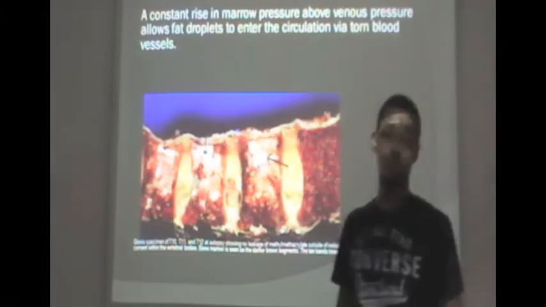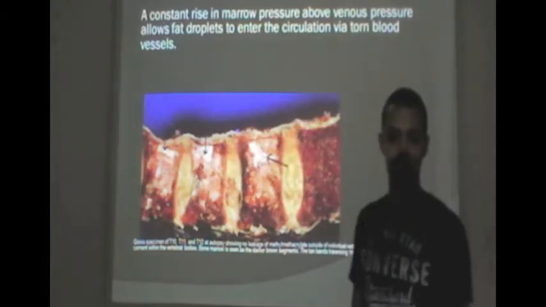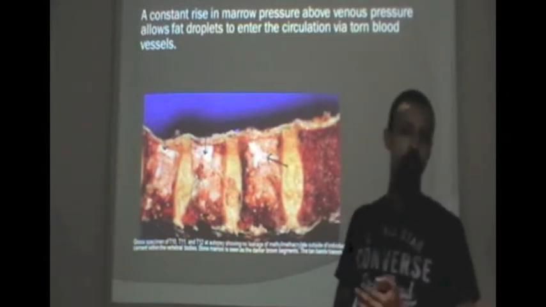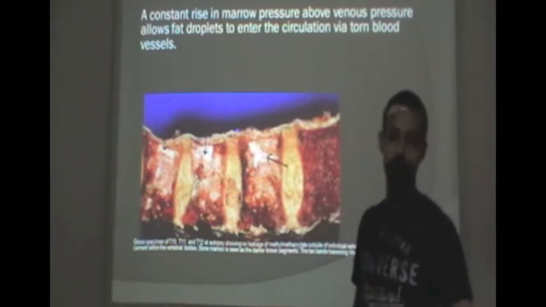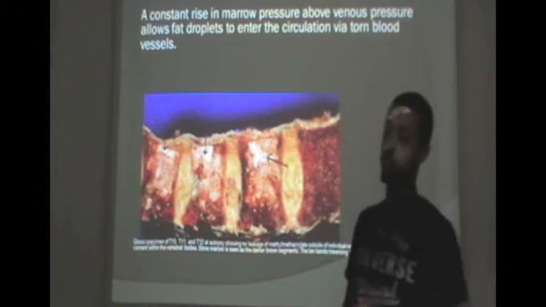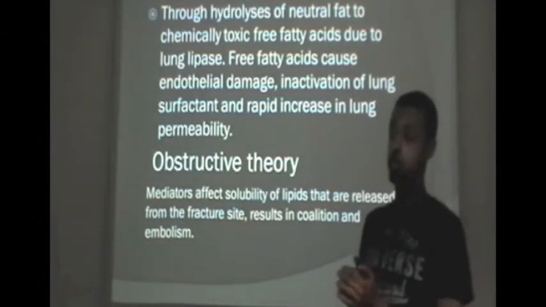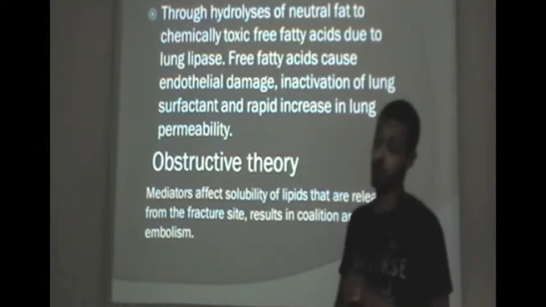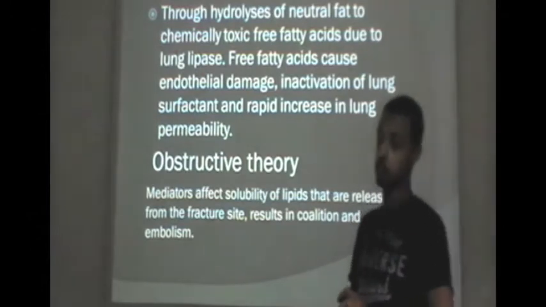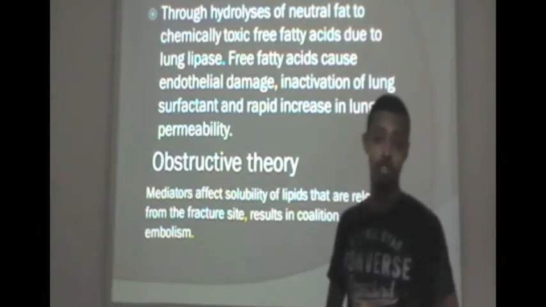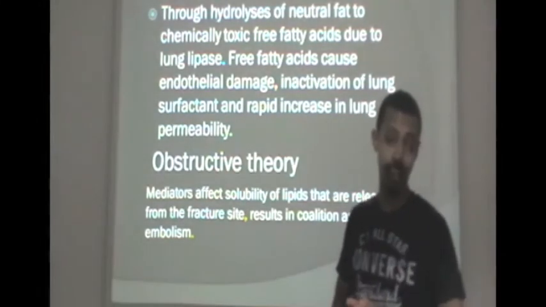Mechanical theory: a constant rise in marrow pressure above venous pressure allows fat droplets to enter the circulation via torn blood vessels. In biochemical theory, toxic theory, which is through hydrolysis of neutral fat to chemically toxic free fatty acids due to lung lipase.